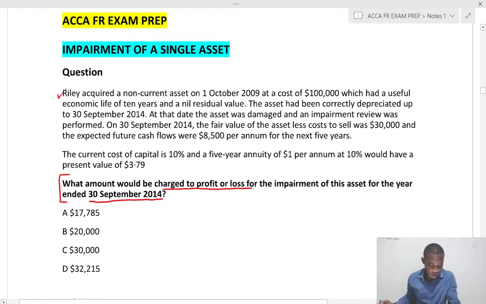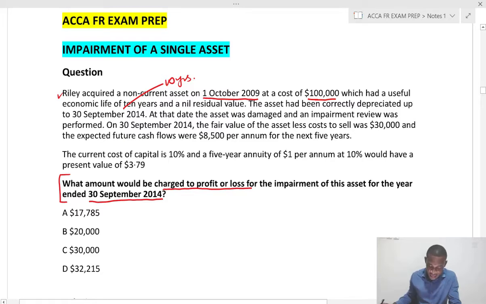Riley acquired a non-current asset on 1st October 2009 at a cost of $100,000, which had a useful life of 10 years and a nil residual value.